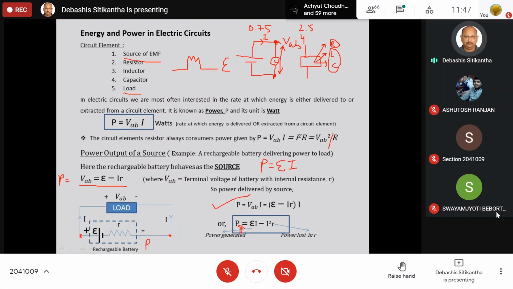Okay. Now you can see the actual power that is given out by this EMF source is the actual power developed or generated by the EMF source minus some power that is lost in the internal resistance. A very common thing you can see: most of you have inverters in your house, and in your inverter you have a battery.